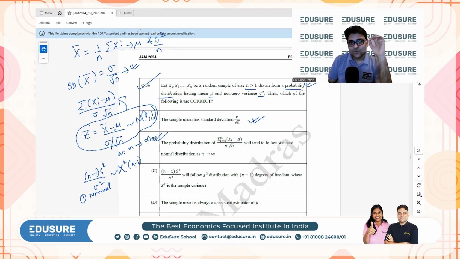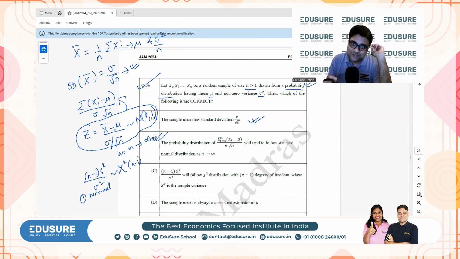The chi-square distribution result where n minus 1 s square by sigma square follows a chi-square with n minus 1 degrees of freedom will hold only if the sample is drawn from a normal distribution. Since nothing is mentioned, this relationship does not hold exactly.